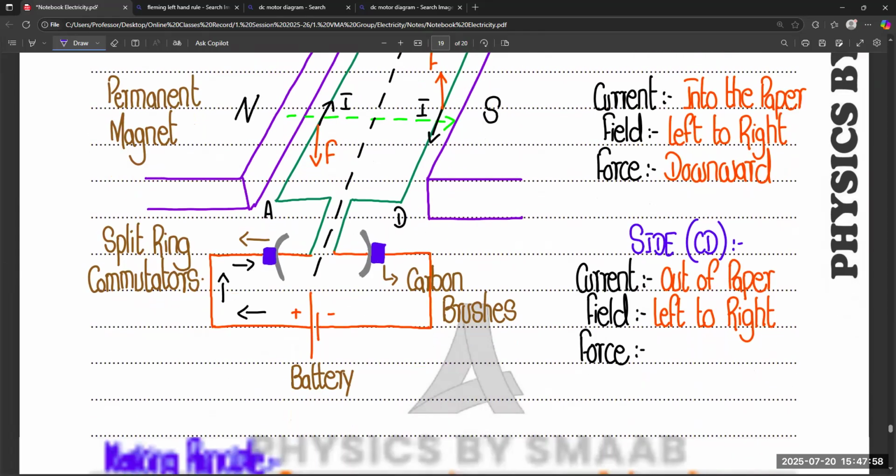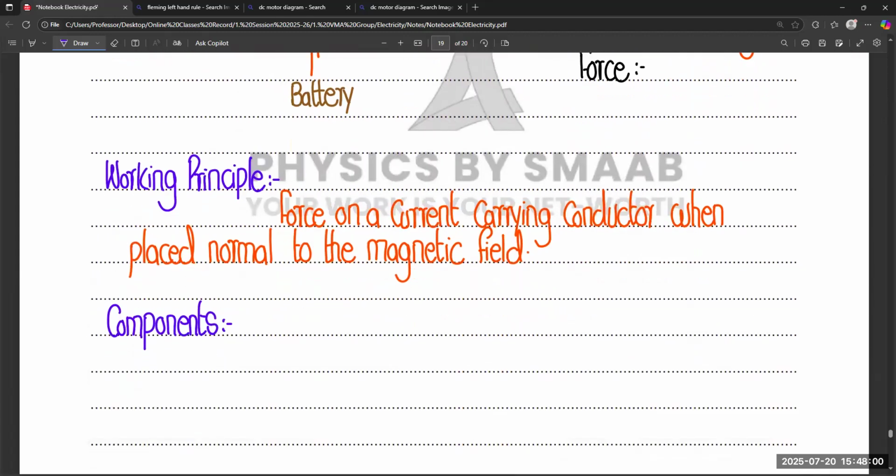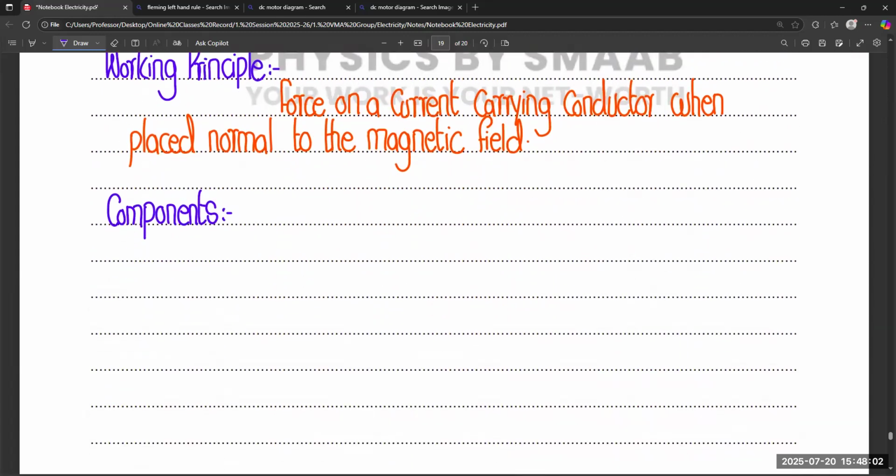These are very basic things; we already know about them. But the split ring commutator is a new component. We don't know about it yet.